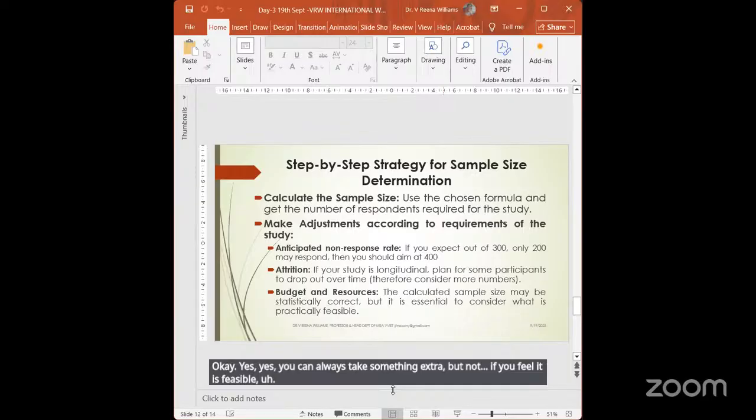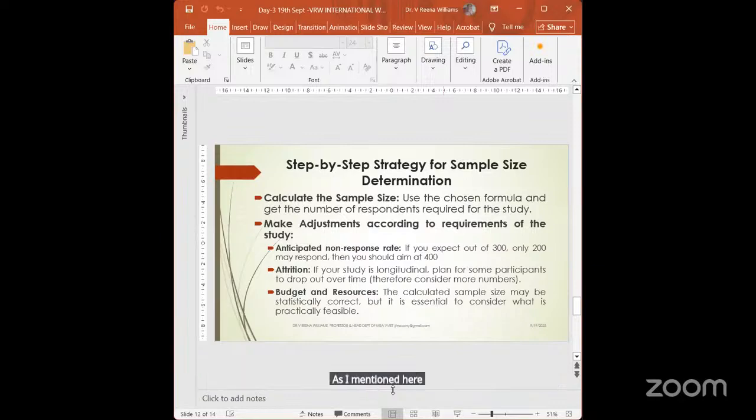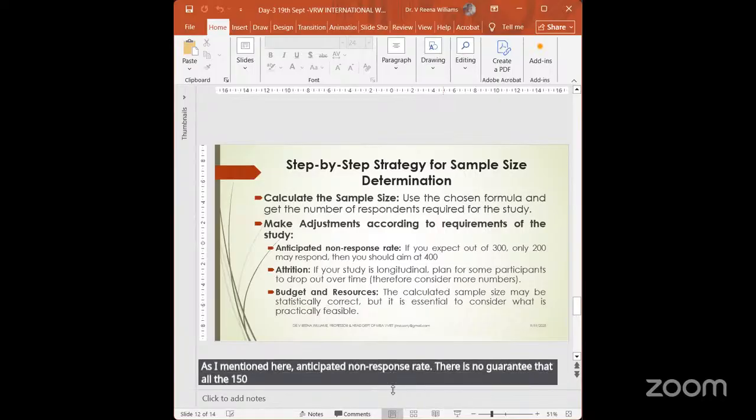Why not take more? Now when you said 500 people are the respondents for your study, and as per the calculation it is around 150, as I mentioned here, there is the anticipated non-response rate. There is no guarantee that all the 150 you meet are going to respond.